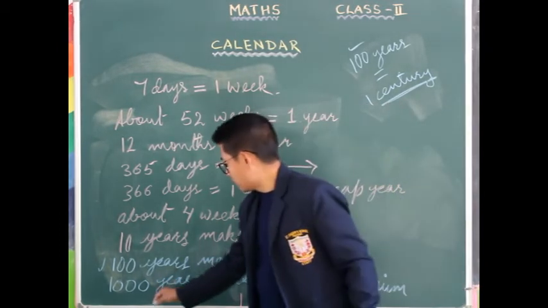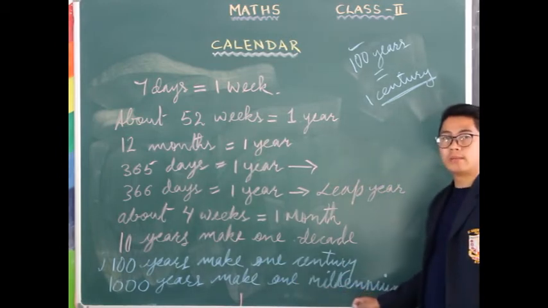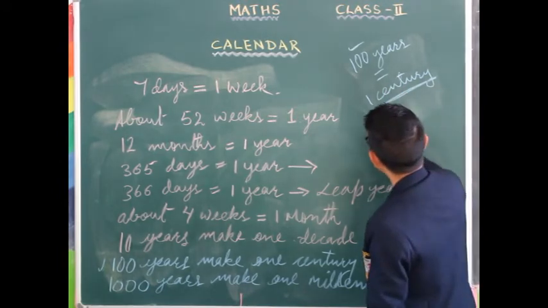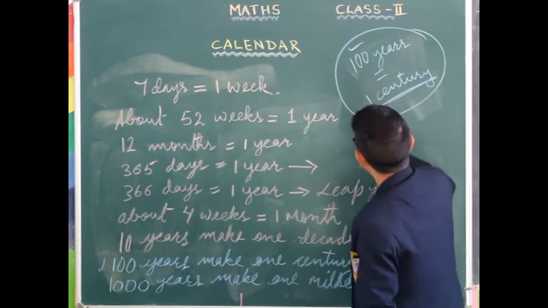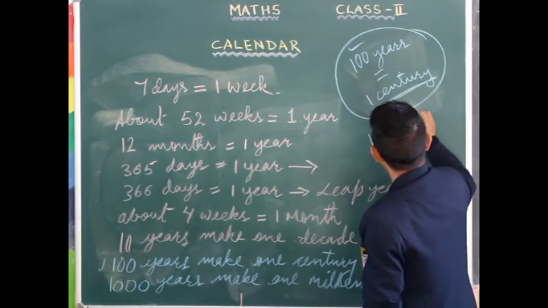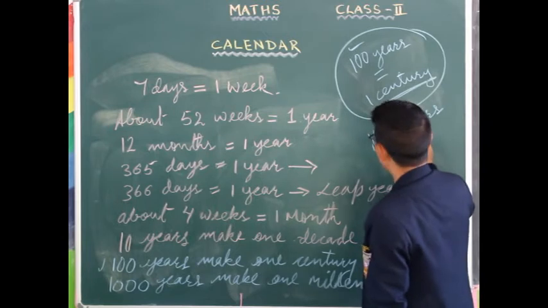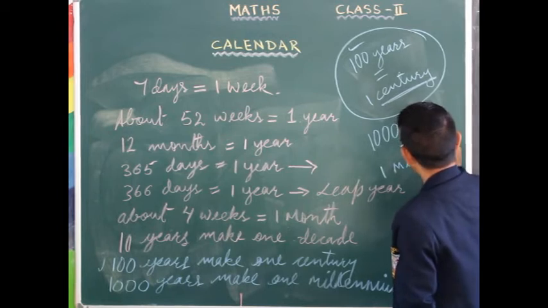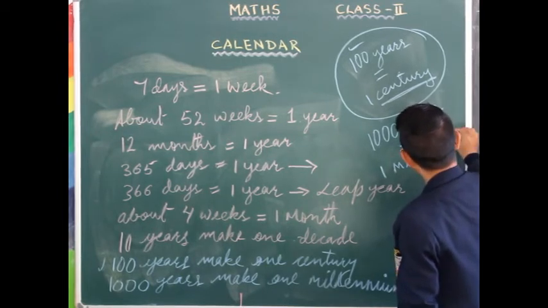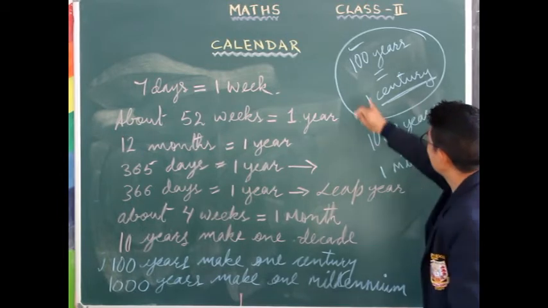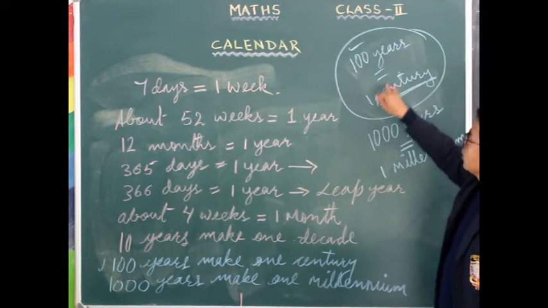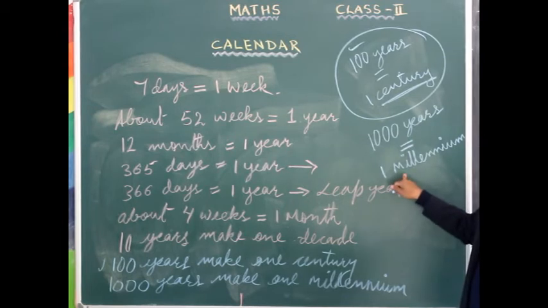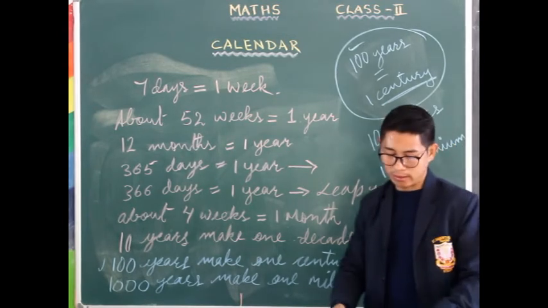So 1,000 years make 1 millennium. 100 years means 1 century, and 1,000 years equals 1 millennium. Do not just remember 100 is a century and 1,000 is a millennium. So remember this thing.